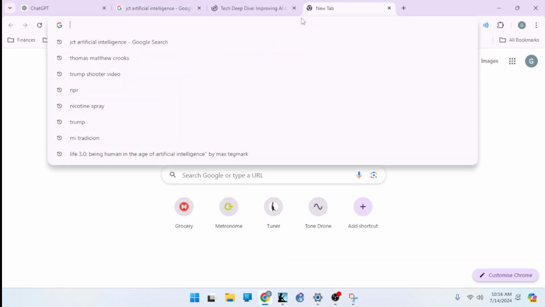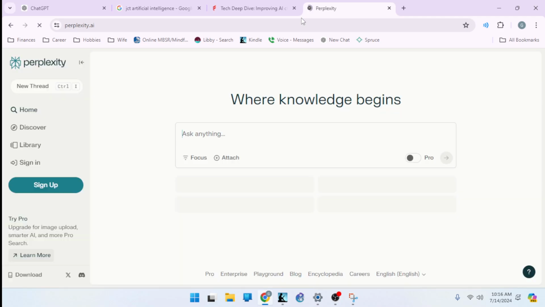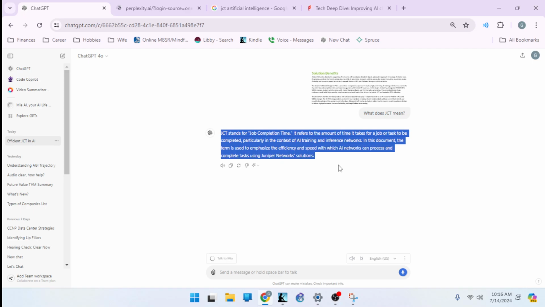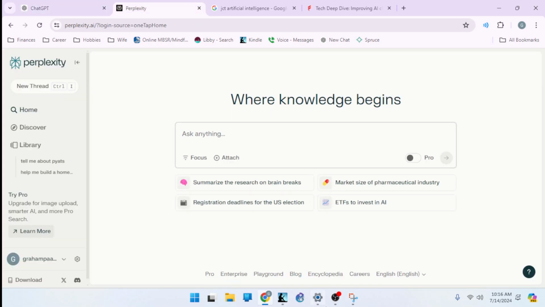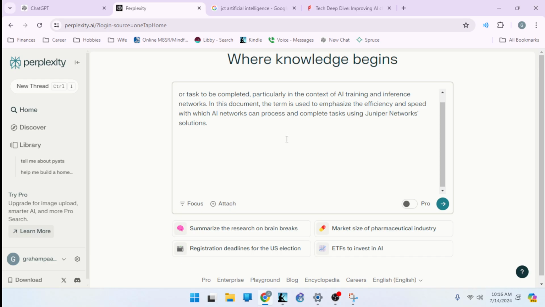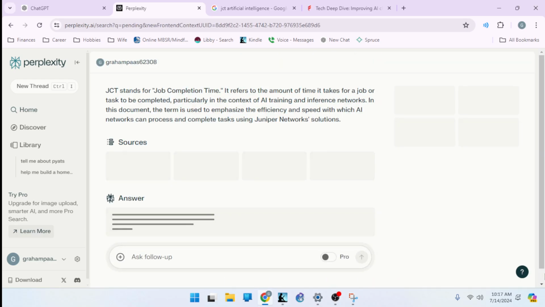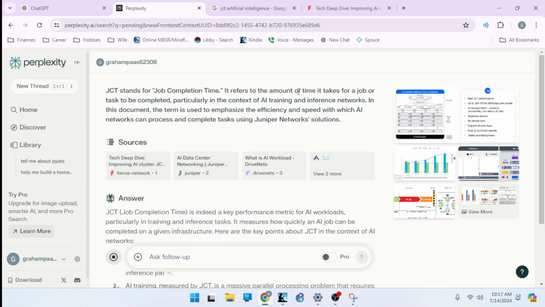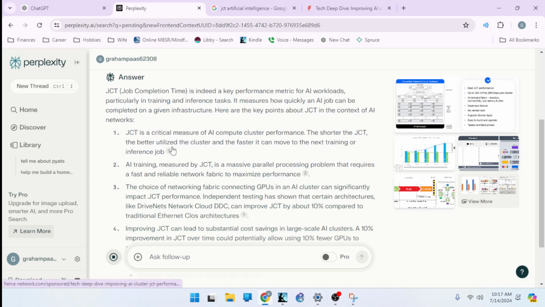I feel like I need to be in the habit of asking more AIs. Perplexity is the one that's designed to work more like an academic researcher, so it cites all of its sources, which is nice.